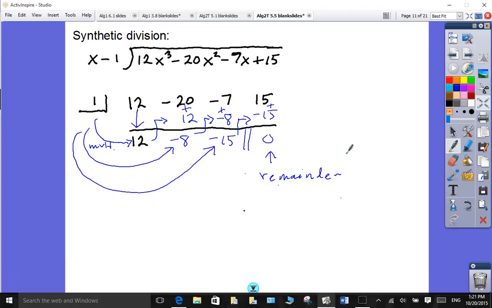We started with an x to the third, so this has got to be a quadratic: 12x squared minus 8x minus 15.